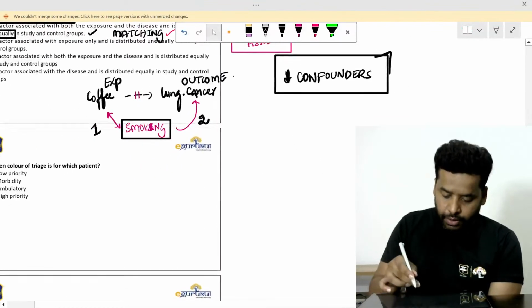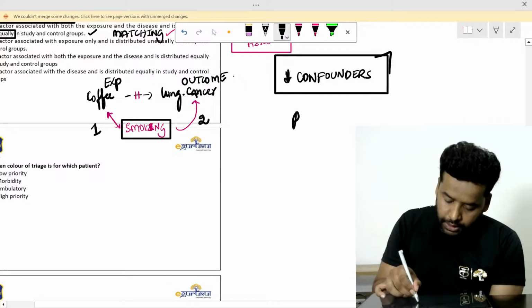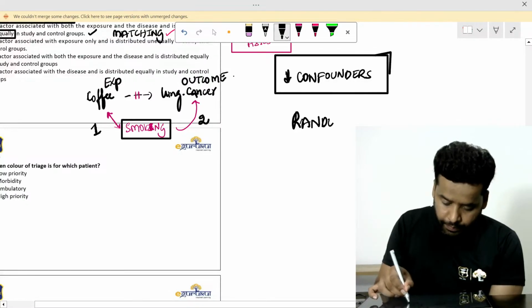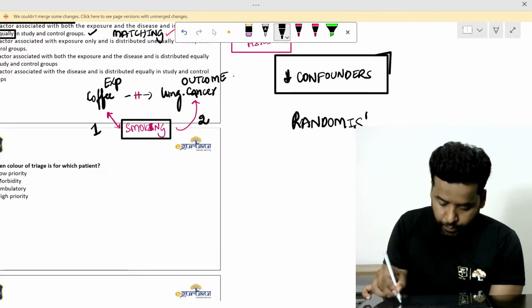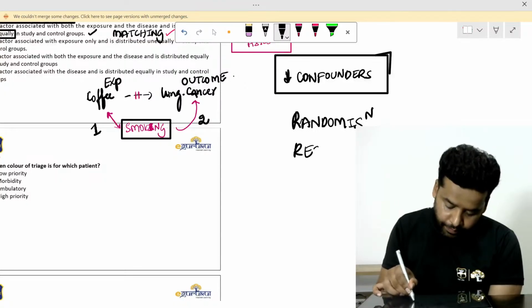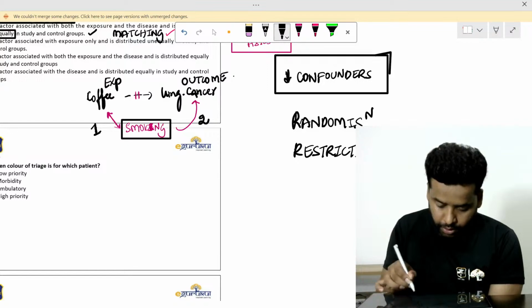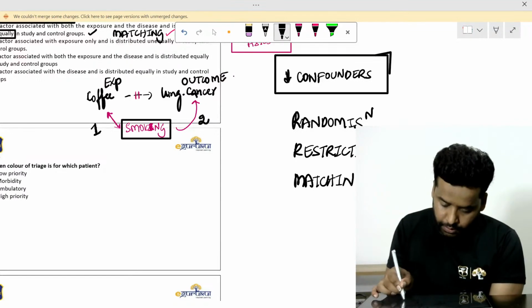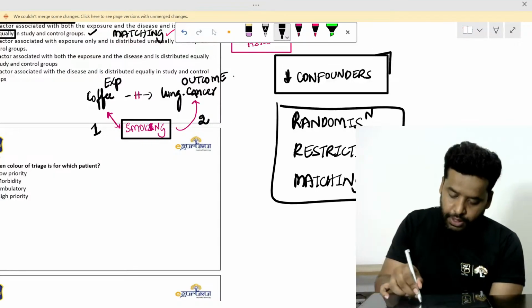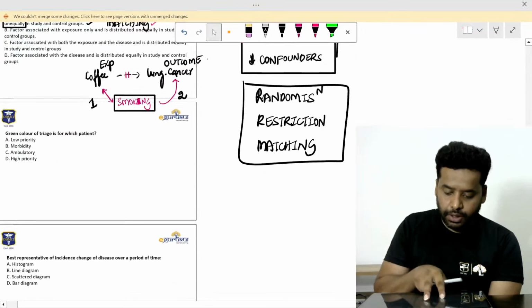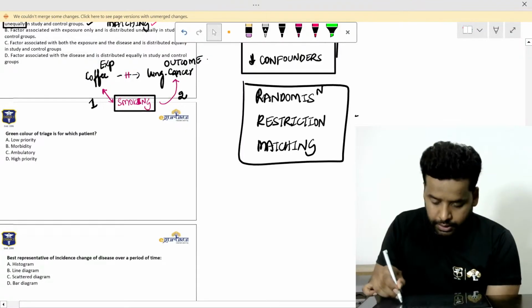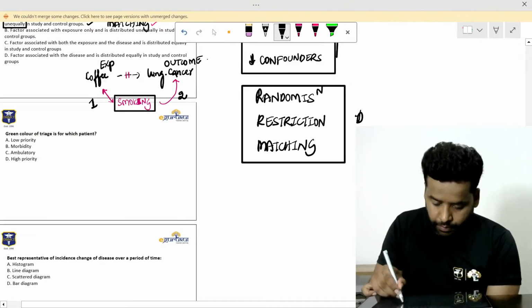To reduce the effect of a confounder, you can do randomization, you can do restriction, you can do matching. So these things can be done during the study, depending on the study you are doing.